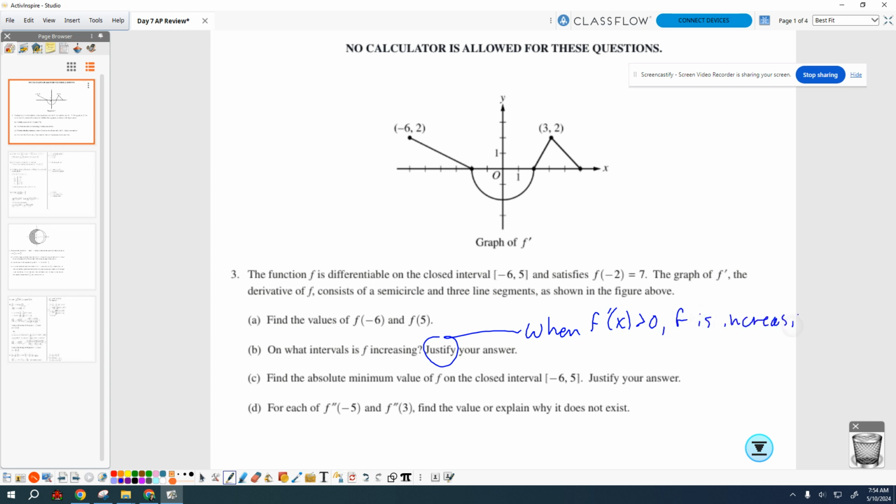So where f prime of x is greater than 0, f is increasing, so that's where? It's -6 to -2 and 2 to 5. So anywhere that f prime is positive. Okay.